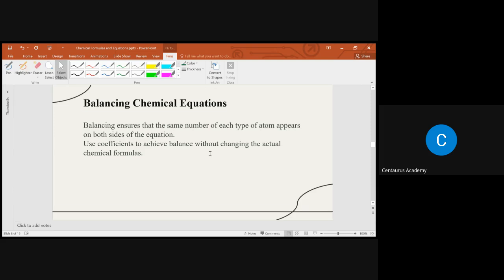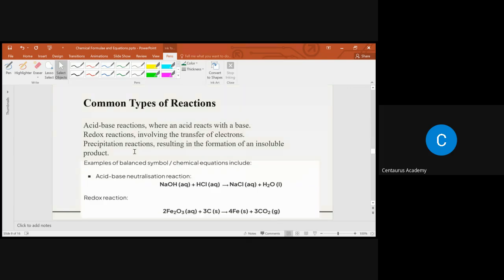Balancing chemical equations shows that the same number of each type of atom appears on both sides of the equation, that is your reactant side and the product side. We use coefficients to balance, but we do not change the actual chemical formula. We'll be looking into the molecular formula and the different types of formulas.